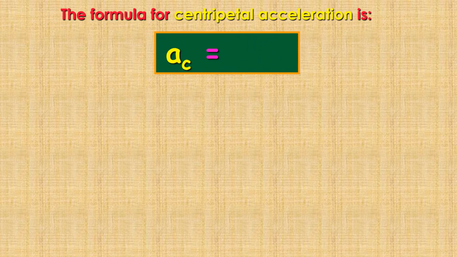The formula for centripetal acceleration is A sub c equals v squared divided by r.